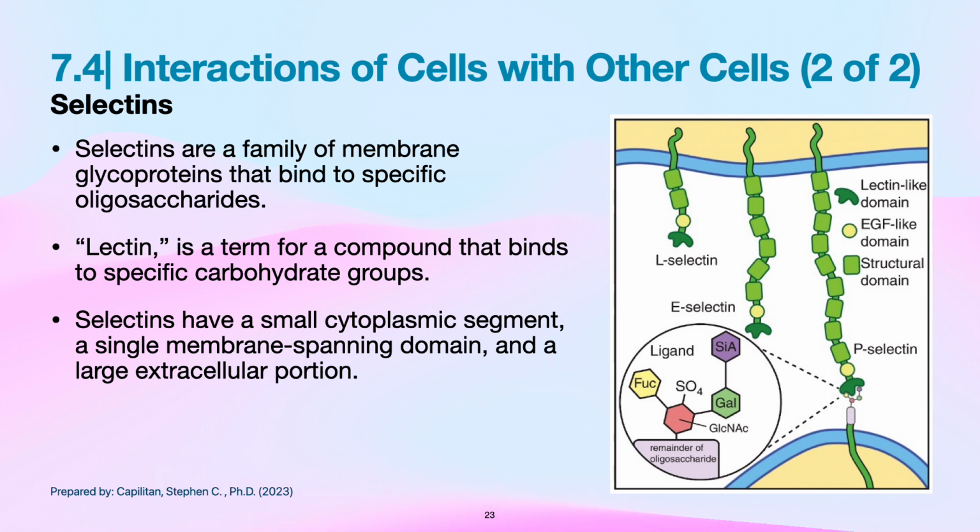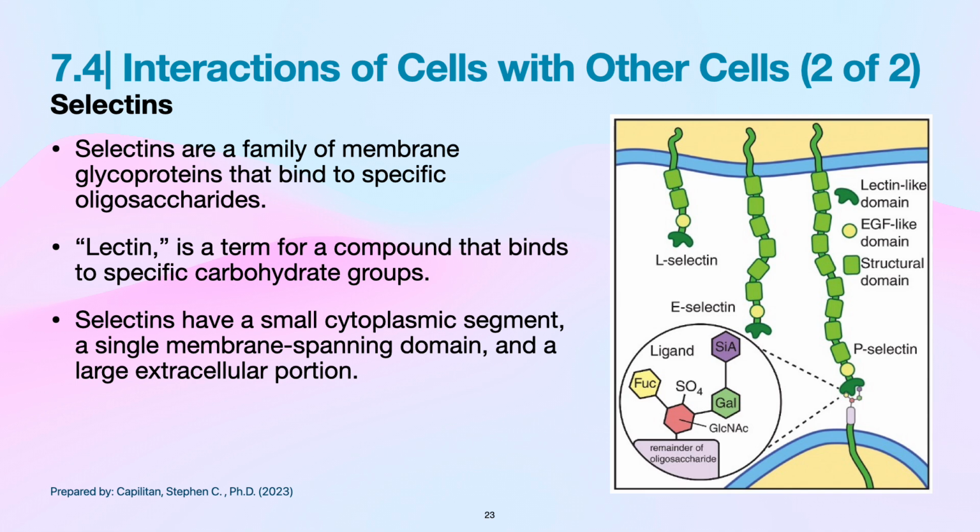Selectins have a small cytoplasmic segment, a single membrane-spanning domain, and a large extracellular portion. All three types of the known selectins recognize and bind to similar carbohydrate ligands at the ends of the oligosaccharide chains of glycoproteins.